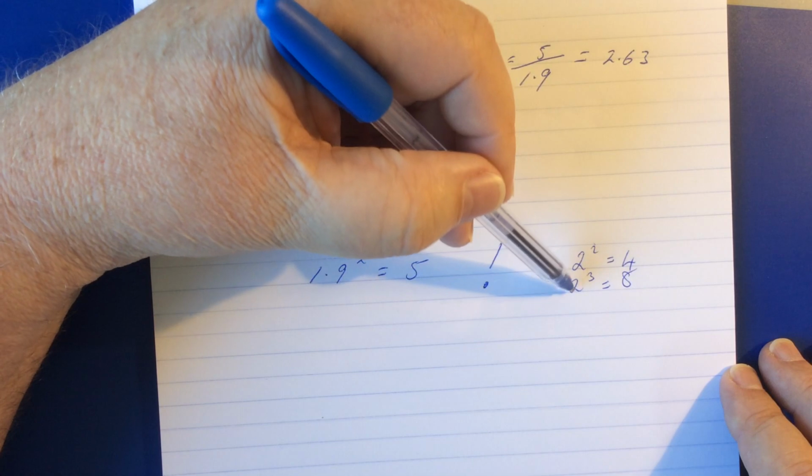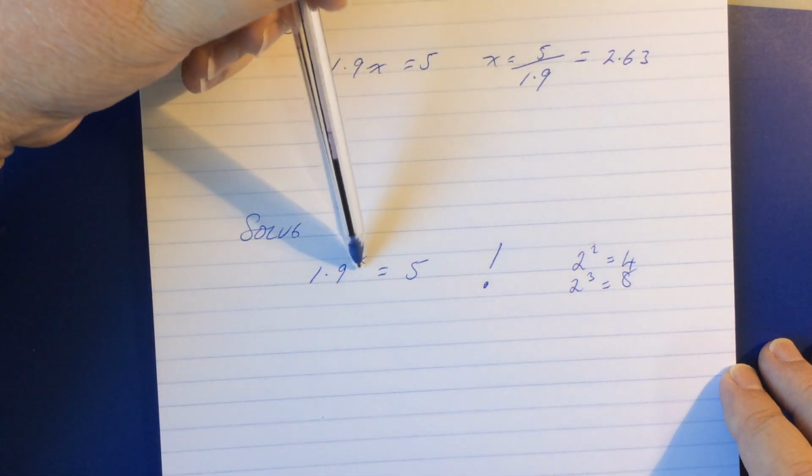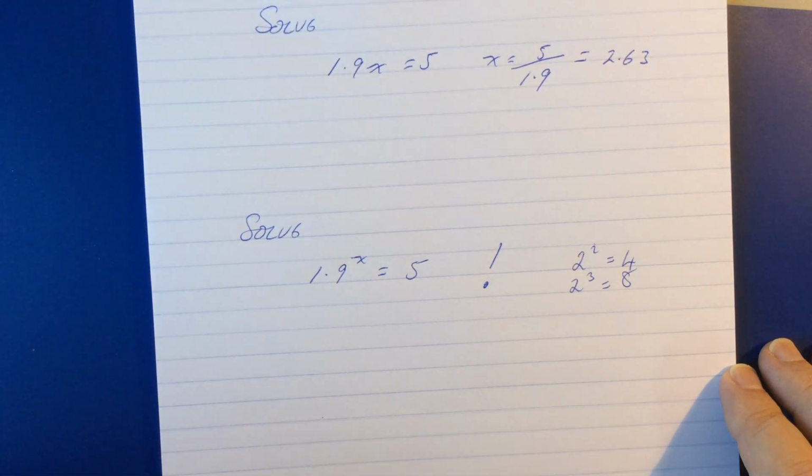And as I said, 2 is close enough to 1.9 for us to make an educated guess about what this number actually is. My guess, for what it's worth, is that it's somewhere in the middle, around 2.5. But let's do it and see.